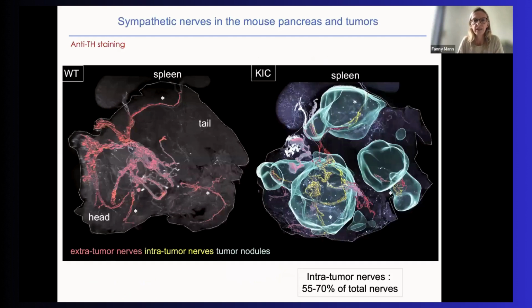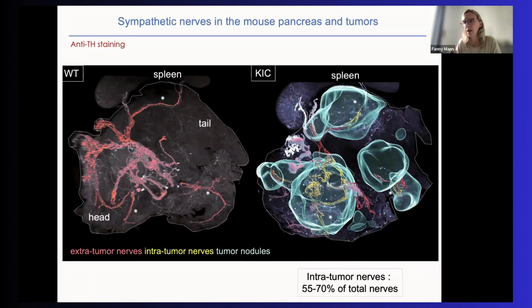Here I'm showing you the result of an anti-TH staining on a mouse pancreas. On the left, you see the entire reconstruction of the sympathetic nerves in the wild-type mouse, and on the right, it's in the KIC mouse.